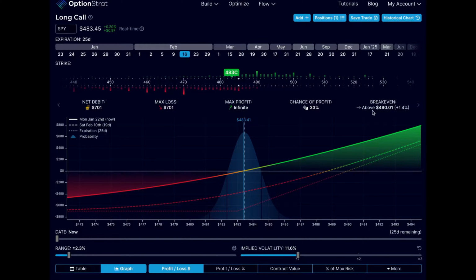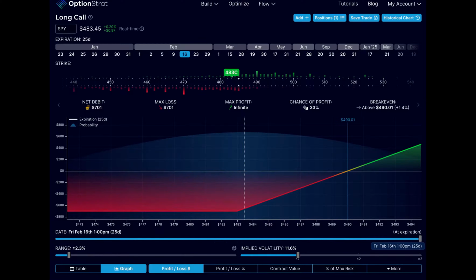Another key thing to know is what the break even is, okay? So, in other words, if I buy this particular option and we go out to expiration, I am spending $700 for this option. So in order for this option to become profitable, I can't sit here at my approximately 483 price point.